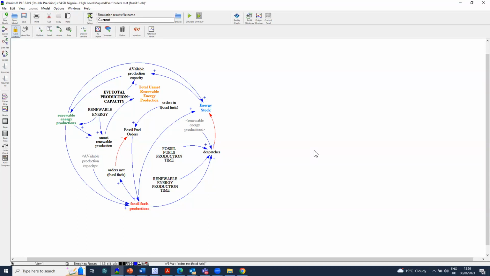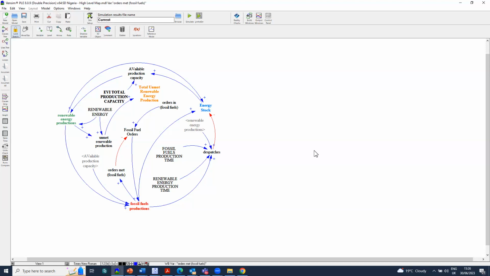Okay, I use a convention in drawing causal loop diagrams, a convention I picked up in the early 2000s. If I see a flow, I use all small letters. Anything you see on the causal loop diagram that has all small letters is a flow.